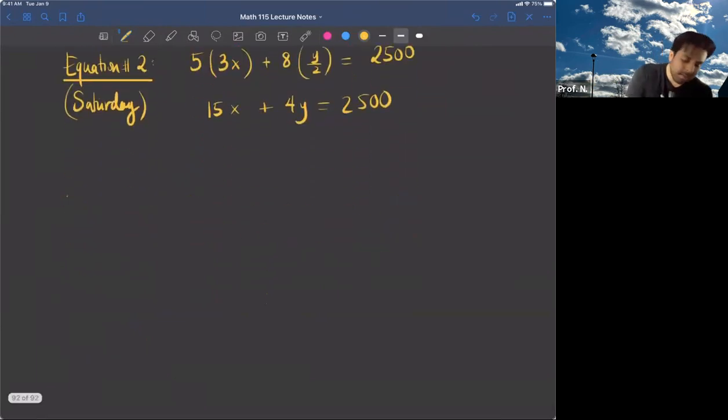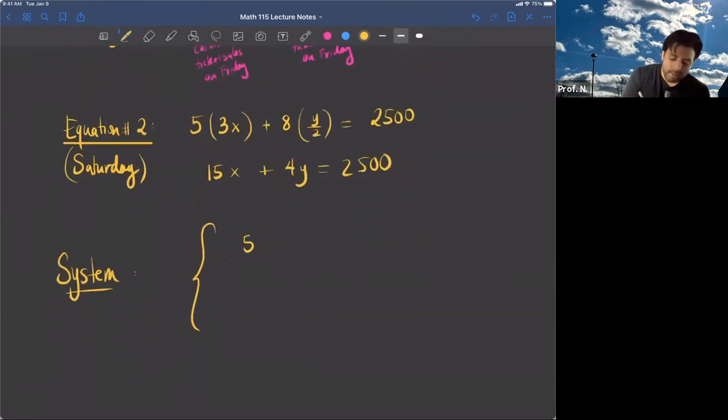So then what's my system? My system is 5x plus 8y equals 2,500. And then my second equation would be 15x plus 4y is 2,500.